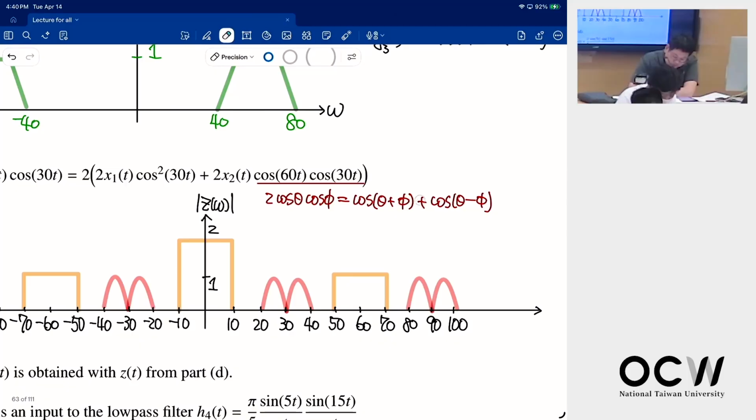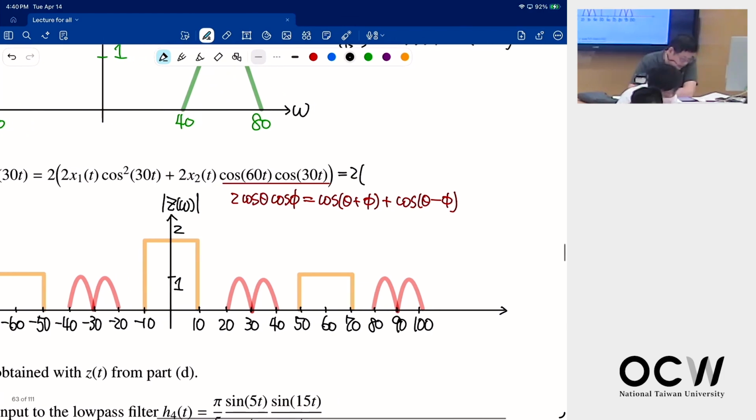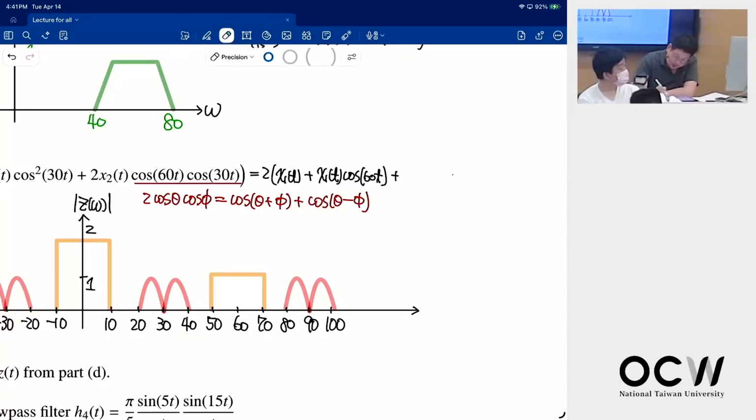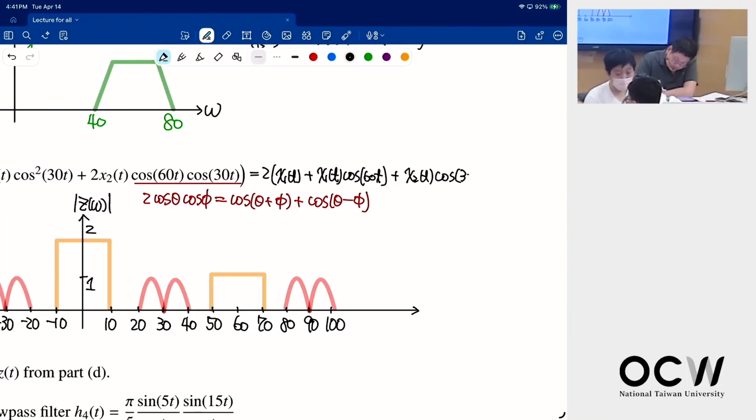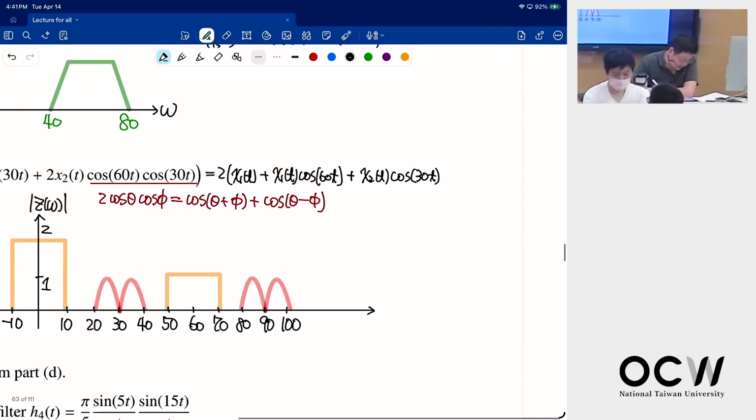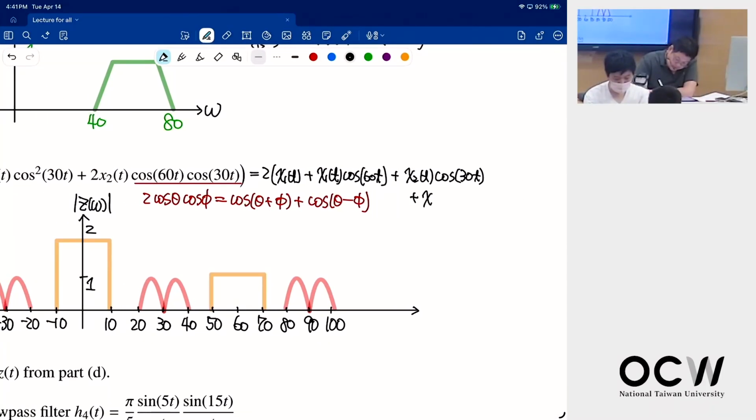So you can also think the overall signal is 2x1(t) shifted by 60, x2(t) shifted by 30, and shifted by 60, plus 90.